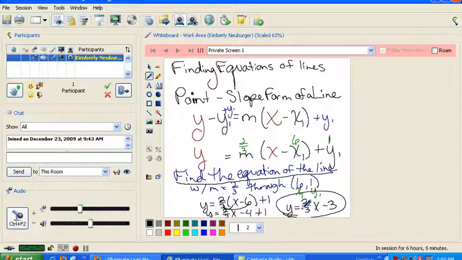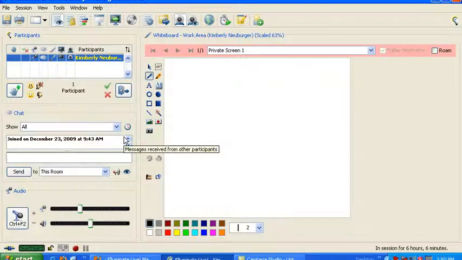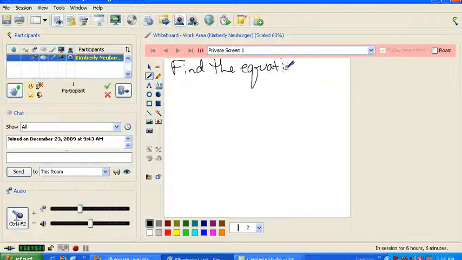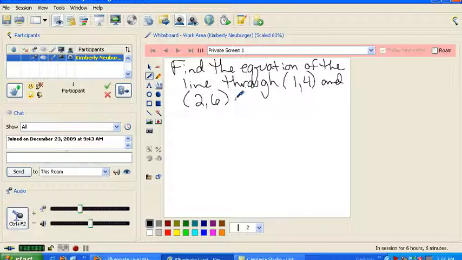Now, let's go ahead and do another problem where maybe you're not necessarily given the slope and you need to find the slope in order to complete the problem. So let's say you're told find the equation of the line through the points (1, 4) and (2, 6).